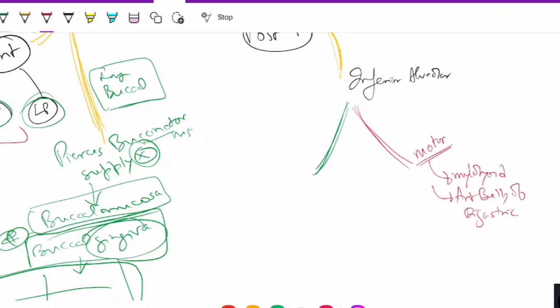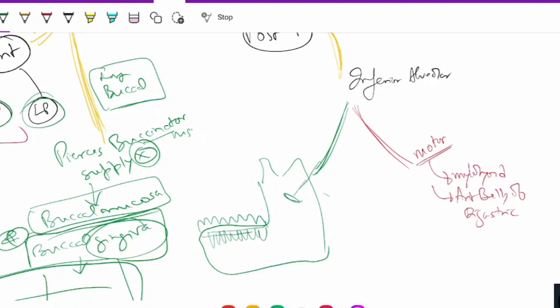What about the sensory supply? This is a very bad tooth representation. Please do not believe this. It will enter a foramen known as the mandibular foramen on the medial side of the ramus, and it will supply one half of the mandibular teeth.